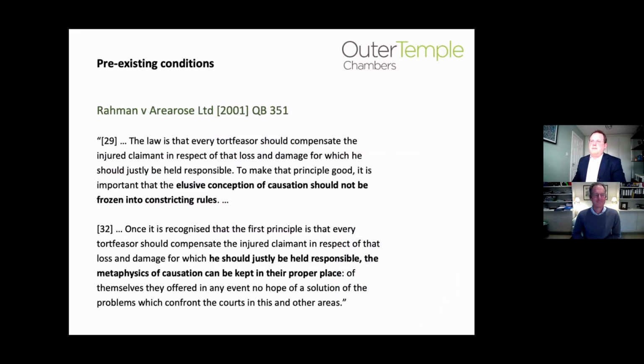The court applied the test in Rahman, set out here on the slide, which cautions against freezing the concept of causation into constricting rules. The question is about arriving at the just conclusion, and a broad brush approach can be considered. In XP, it was considered that there ought to be a 75-25 split between the causative potency of the two incidents.